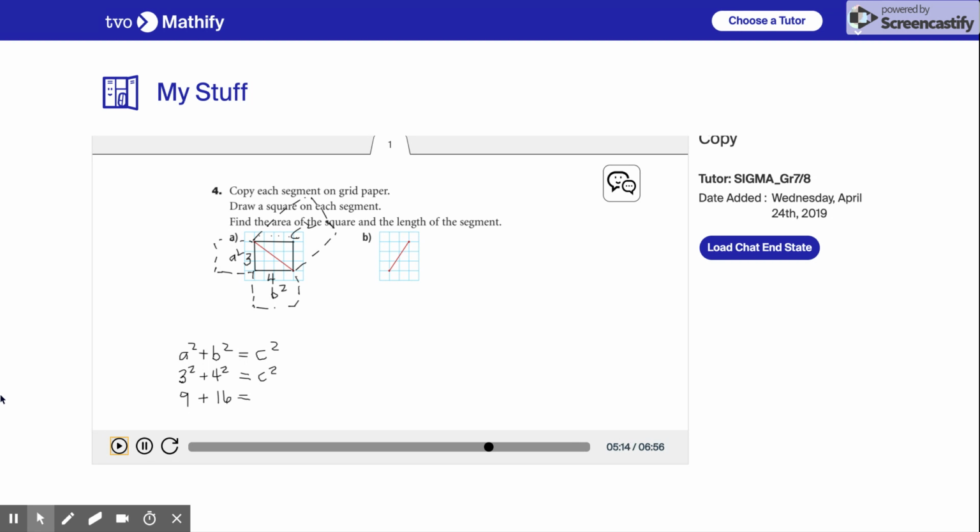Yep. But this 25 is c squared, so you have to find the square root of 25. That will give you the side length, right? So 5 would be the side length. So c is going to equal 5. For this first one, c is equal to 5.